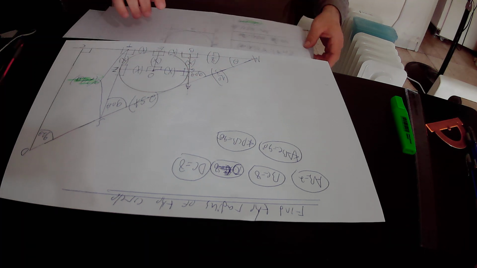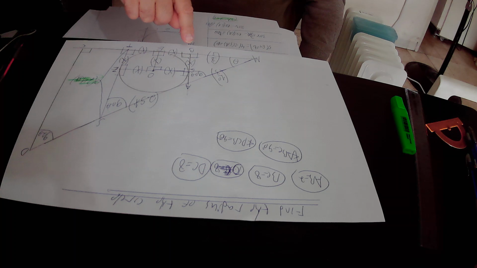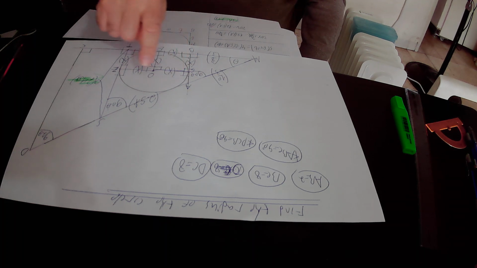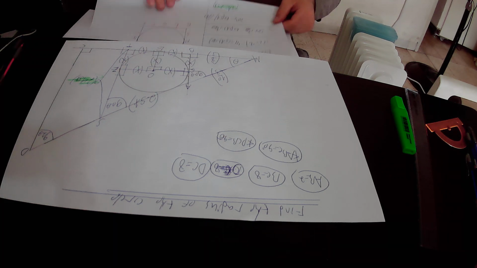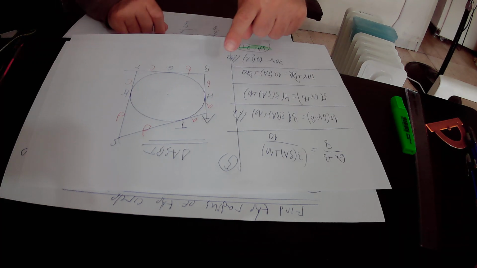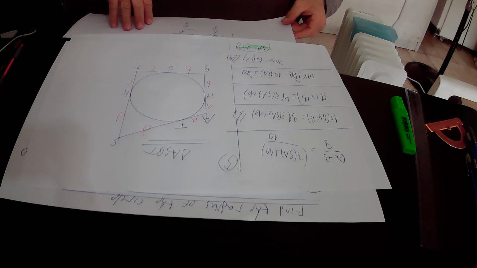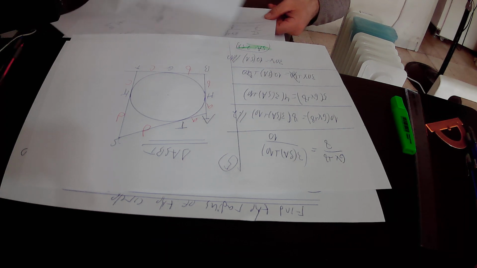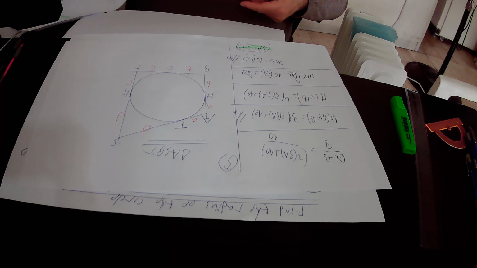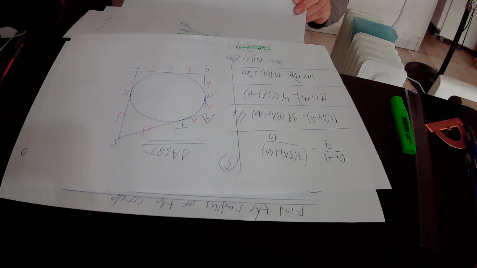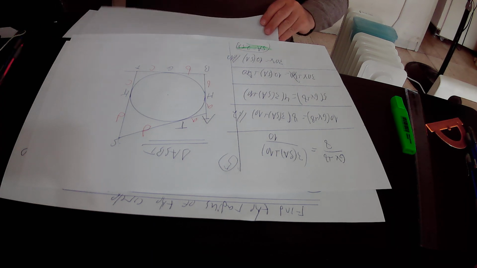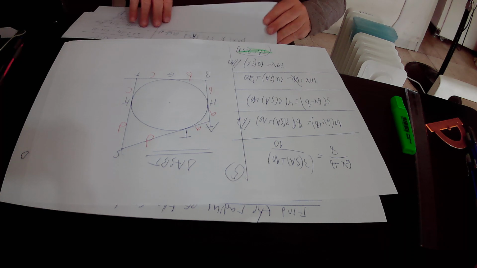Then I copied the quadrilateral ASTB in a new page. This quadrilateral ASTB blocks this circle, or this circle is described by quadrilateral ASTB. This is quadrilateral ASTB that I copied from the original drawing. In this quadrilateral ASTB, you can implement rule number 2.